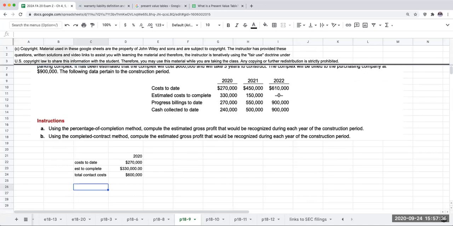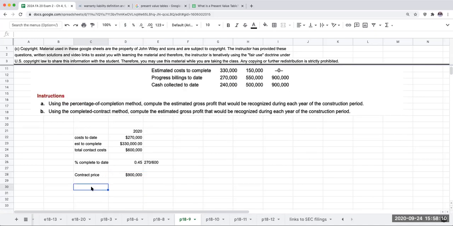So my percent complete to date is going to be 270 divided by 600,000, or 45%. My gross profit on the contract: my contract price is $900,000, which it gives to us right over here.